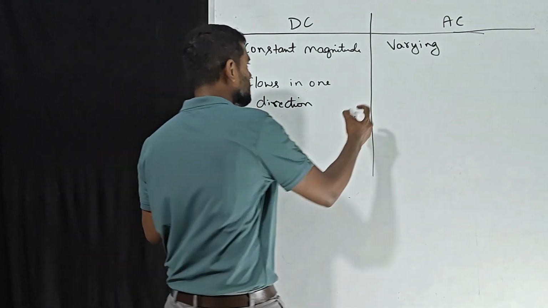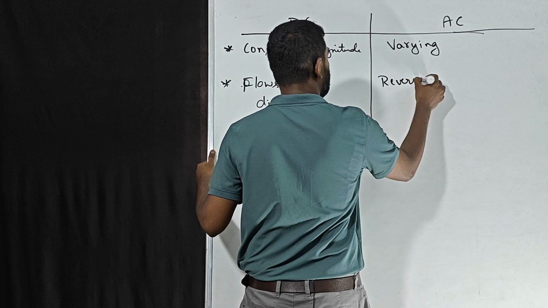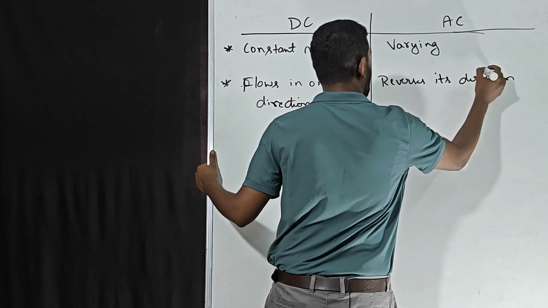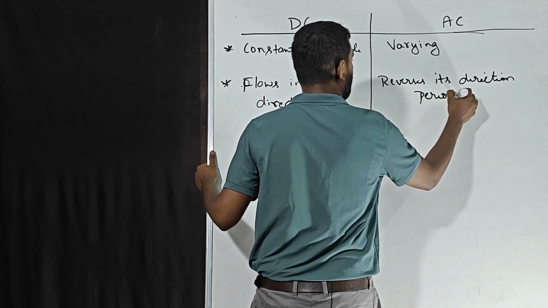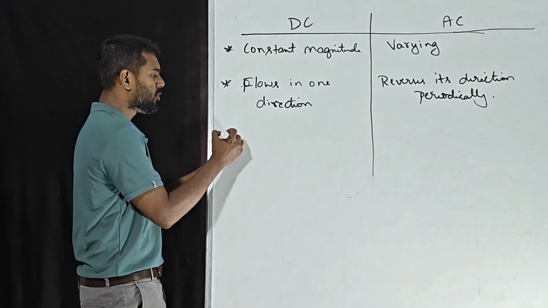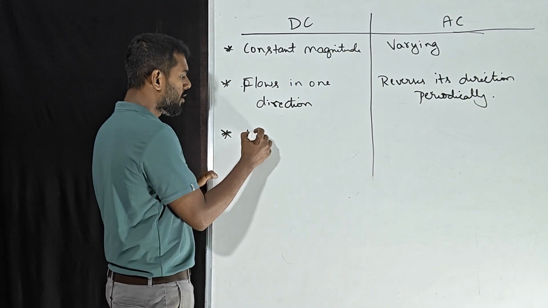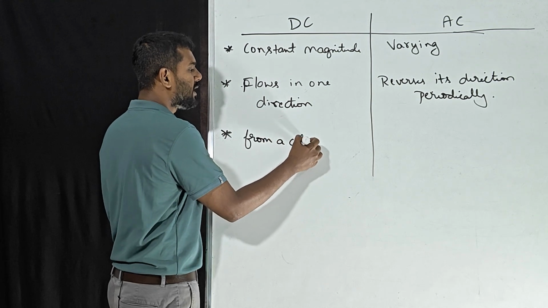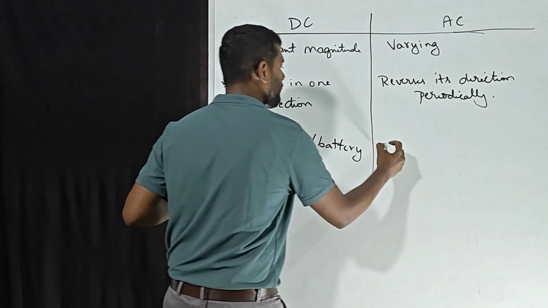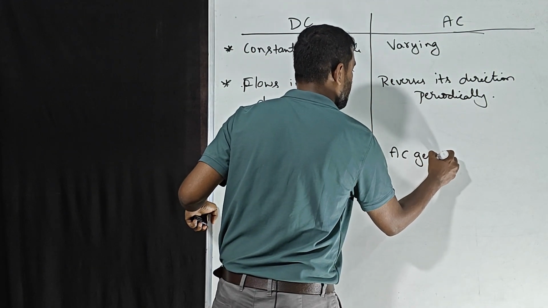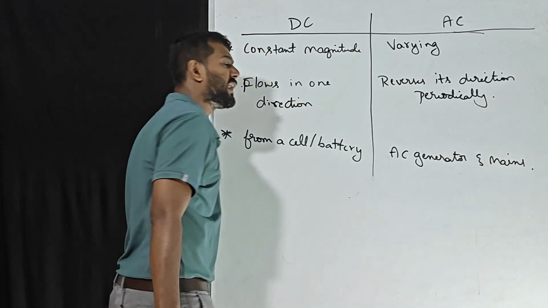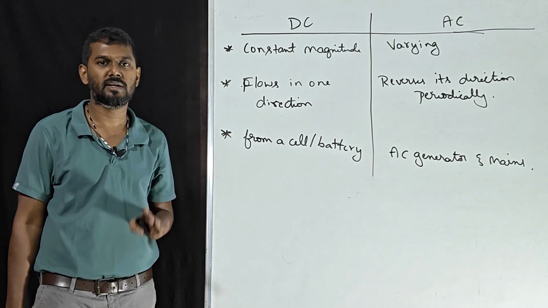Then DC is obtained from a cell or battery. AC is obtained from an AC generator and mains. So these are the key differences between AC and DC current.